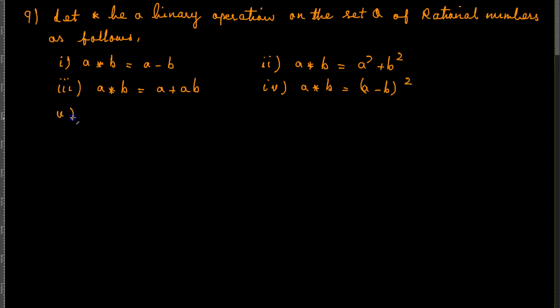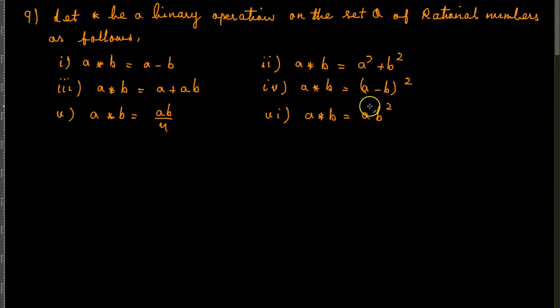And part 5 of this question is A star B is equal to AB divided by 4. And part 6 of this question is A star B is equal to AB squared.